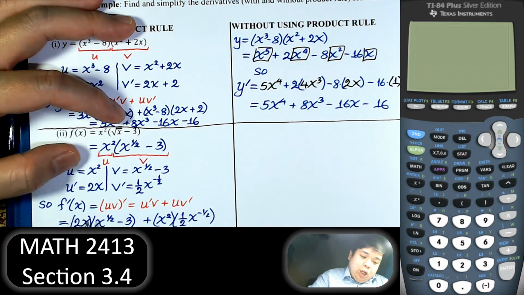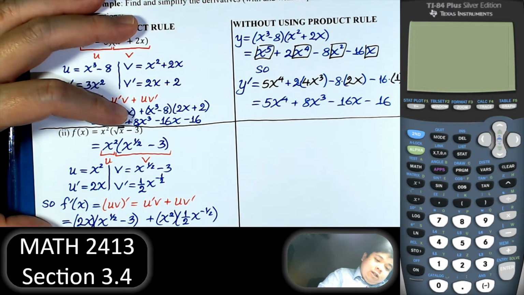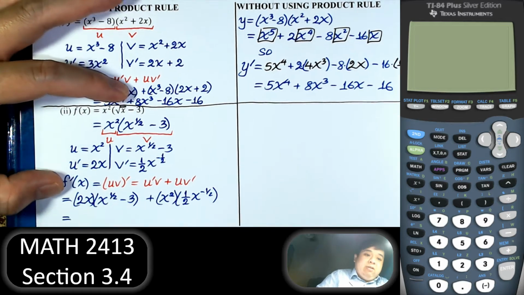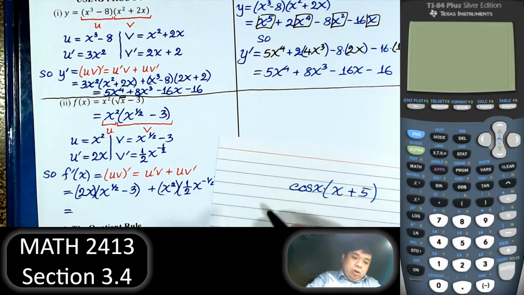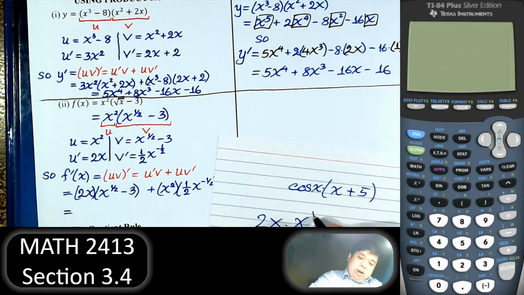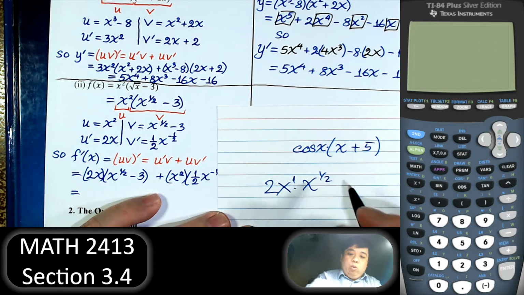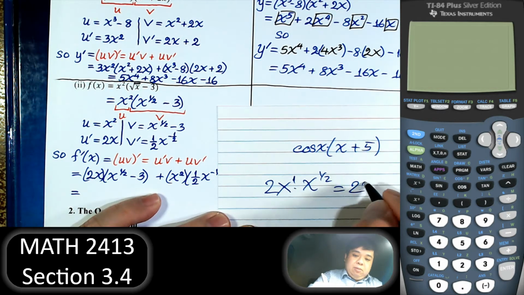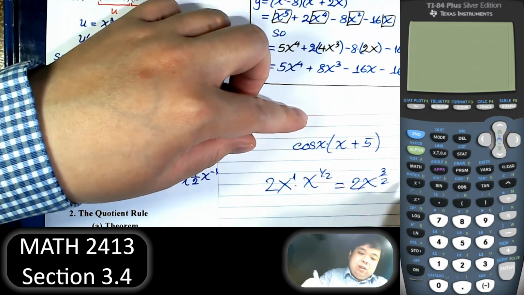Right, u prime v plus u v prime. Multiply this out: x times x to the 1/2. When we multiply, we add the exponents. By default x is to the first power, so 1 plus 1/2 is 3/2.